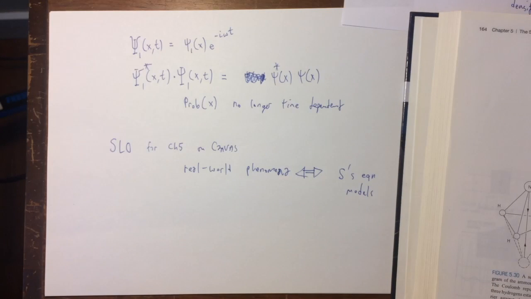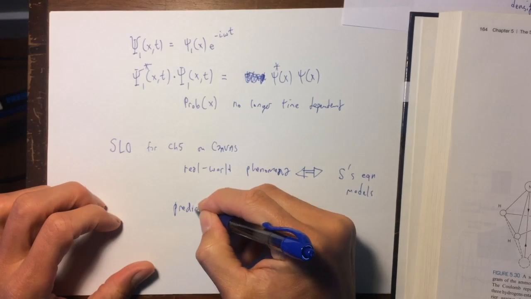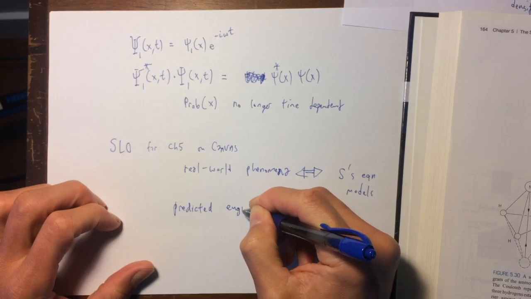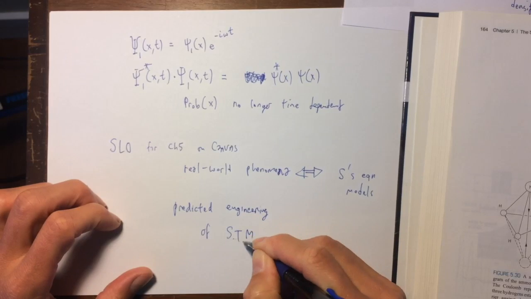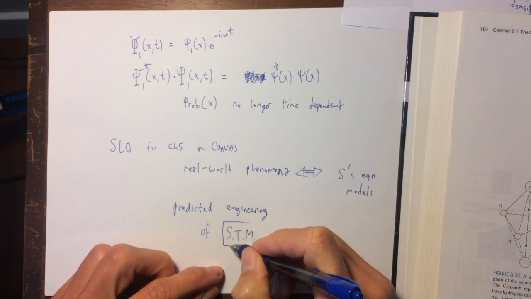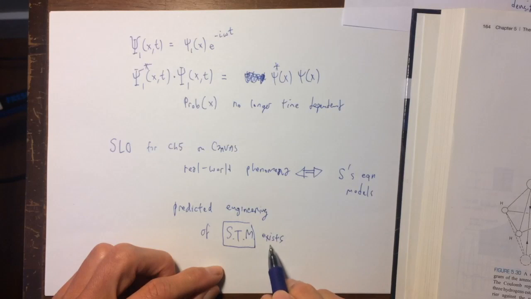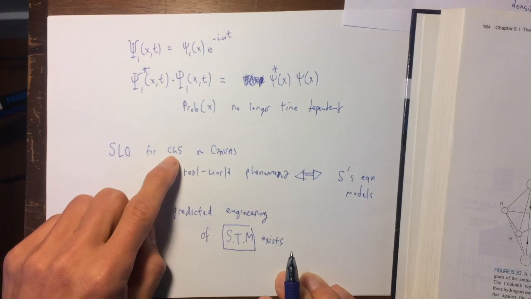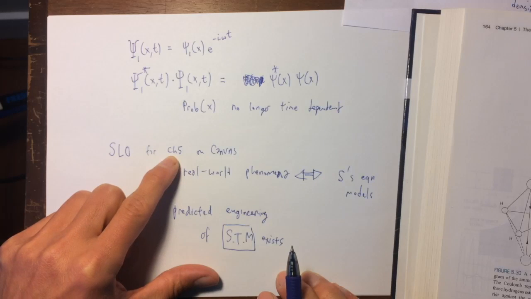But the point is like, in some sense, people modeling with Schrödinger's equation predicted the engineering of the STM, the scanning tunneling microscope. So in a sense, because this exists, it's kind of experimental evidence. It's utilitarian, practical evidence that all of this Schrödinger equation stuff that's going on in chapter 5, that there is some real world truth to that, that nature does behave in this probabilistic way.